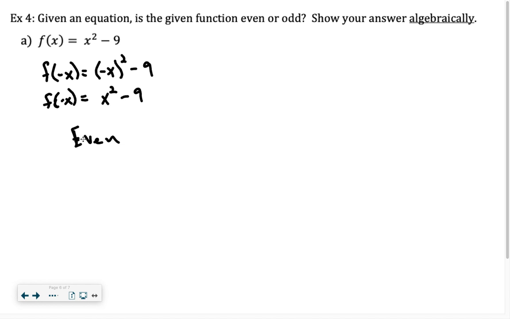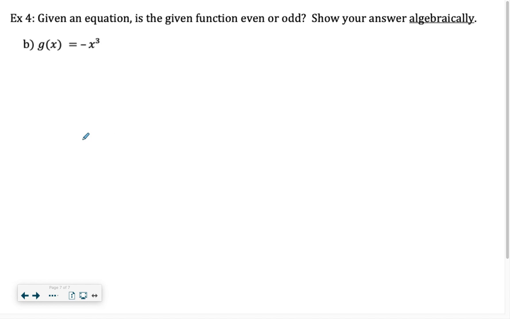So in my second example, I have g of x equals negative x cubed. So let's plug in negative x. I'm going to have the opposite of negative x cubed. Now, since I'm raising this to an odd power, my sign is going to stay the same. Negative x times negative x times negative x would still be negative x cubed.